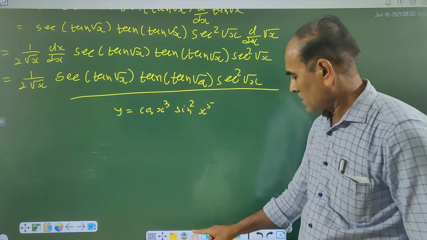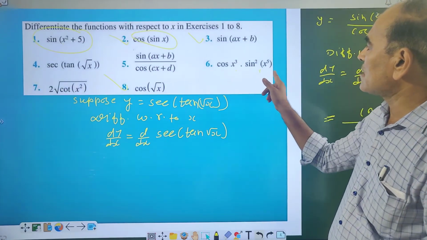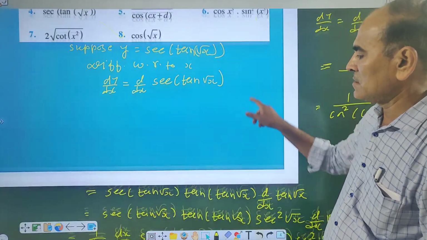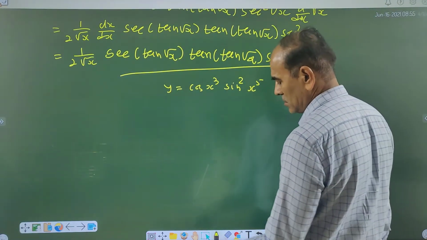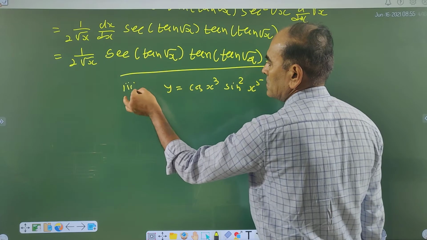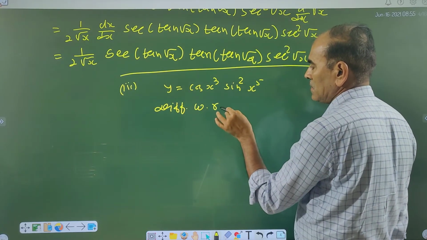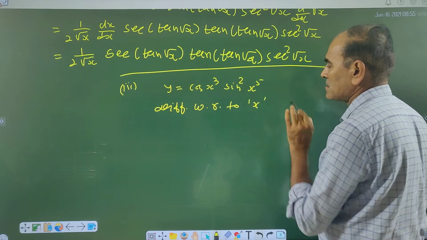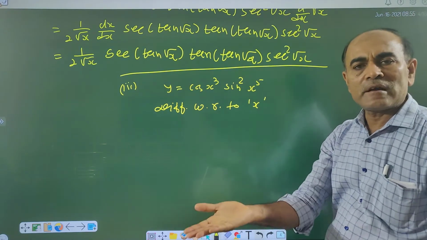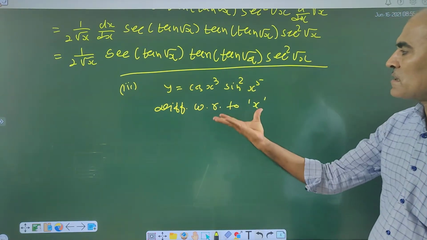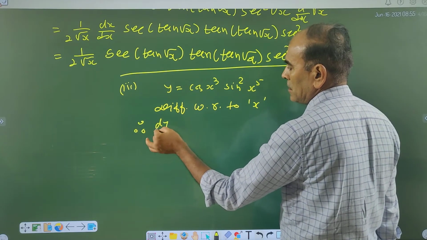This is question number 6, but in our case it is the third one, the third sum. Differentiate with respect to x. In the previous form, division is there, so we applied the division rule. Here product form is there, so apply the product rule.